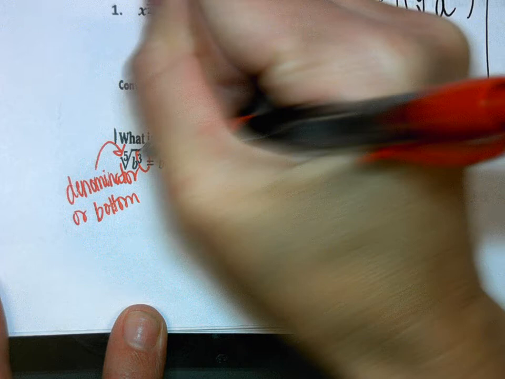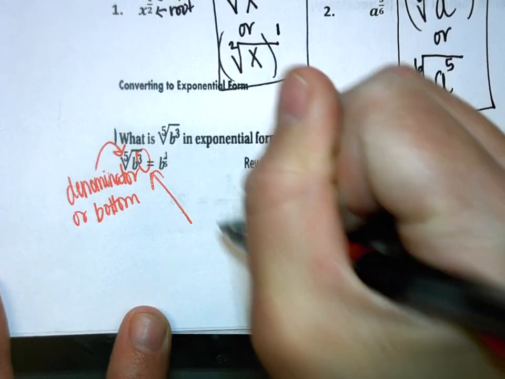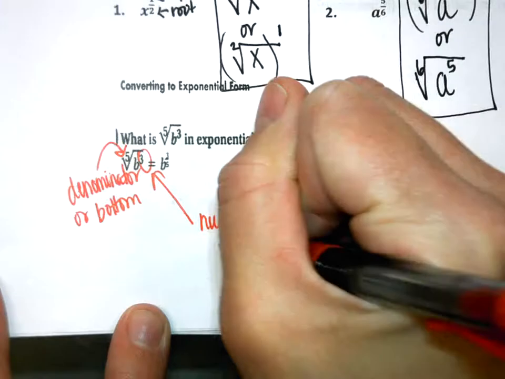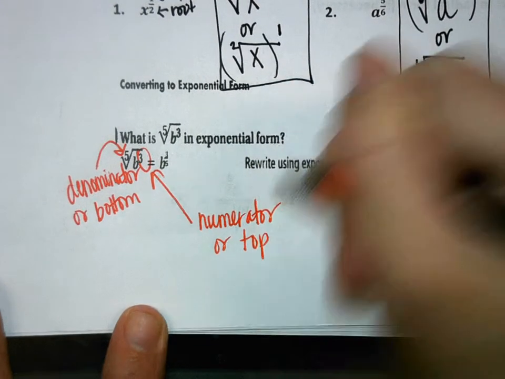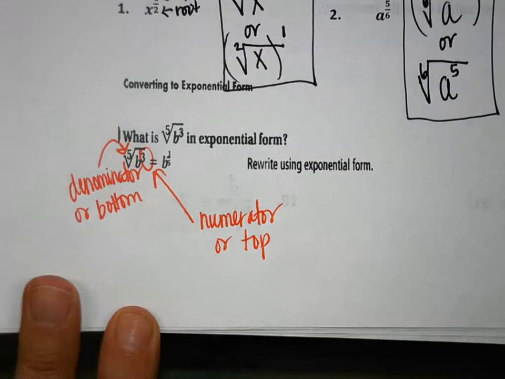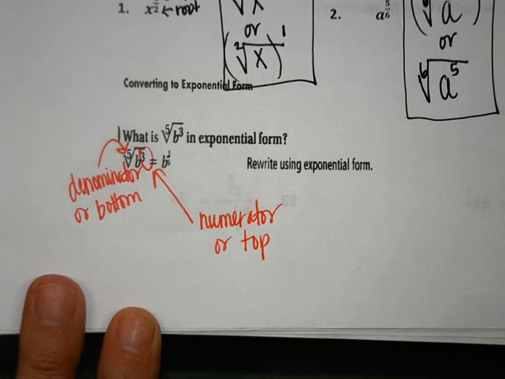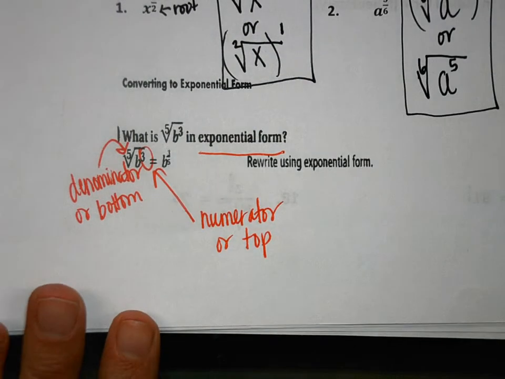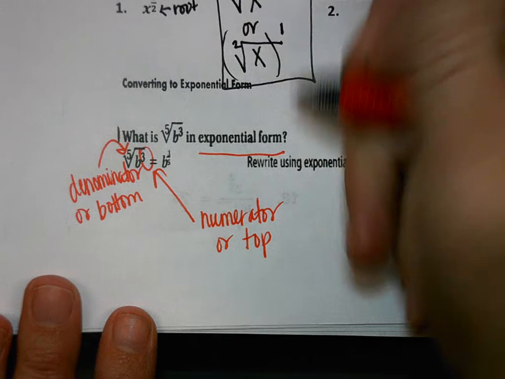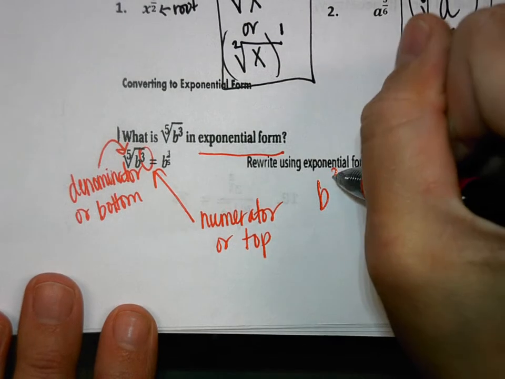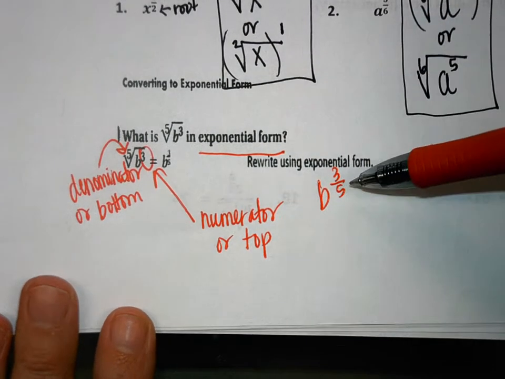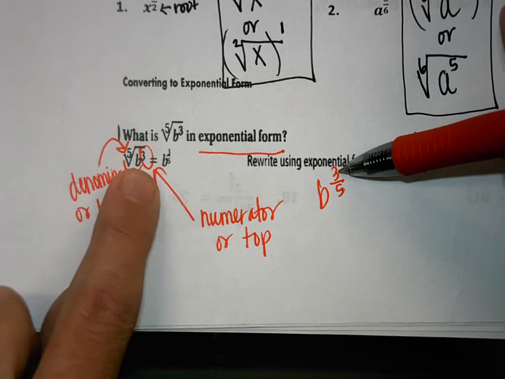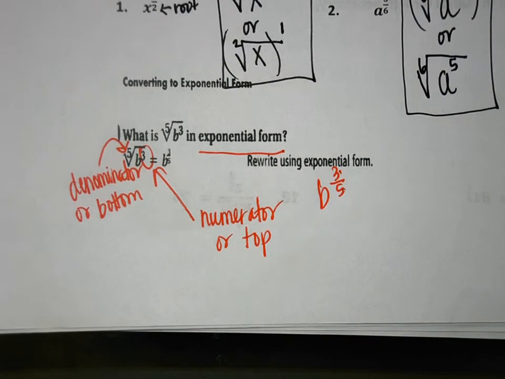And this number right here is always in the numerator, or top. When this gets changed to exponential form, it is rewritten as b to the 3/5, because this number needs to be the number that would go into the root, and that is the number that is your exponent.